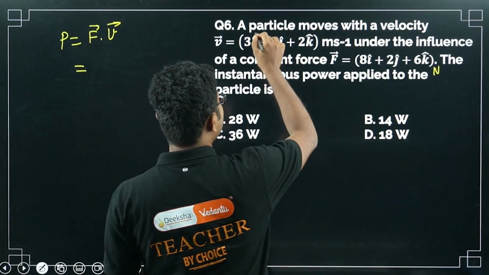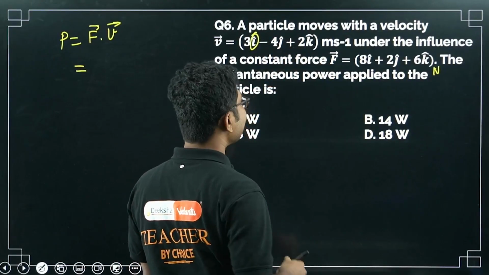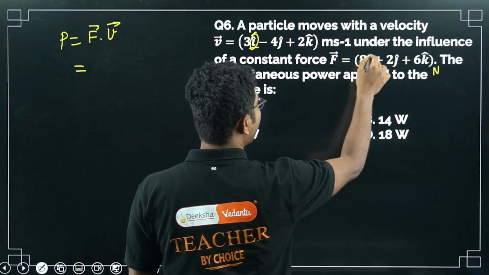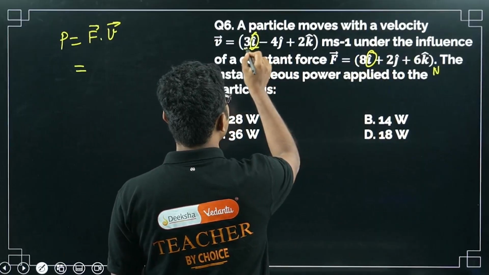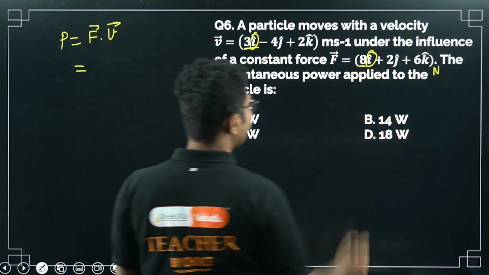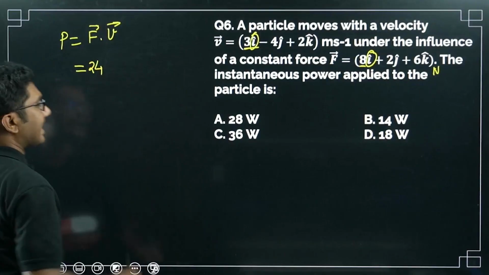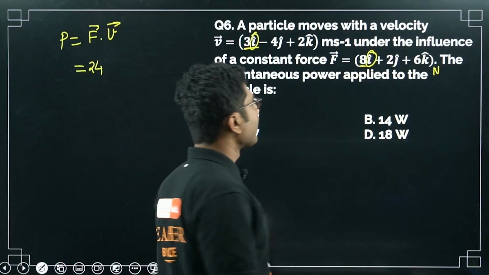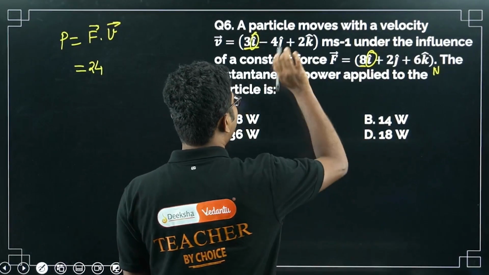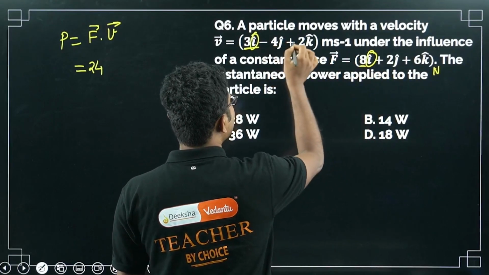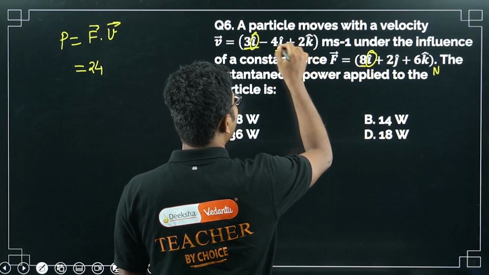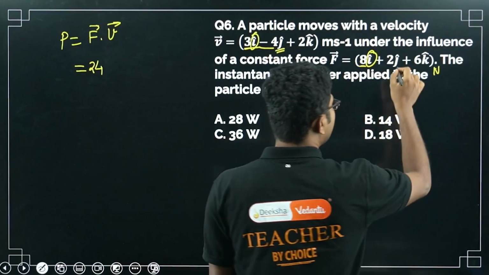Dot product is, first we take the first term, i cap times i cap. What is the coefficient? 3. What is the coefficient? 8. 3 times 8 is 24. We simply write that along with the sign. So i cap part is done. Next is j cap. Here we have minus 4, here we have 2.